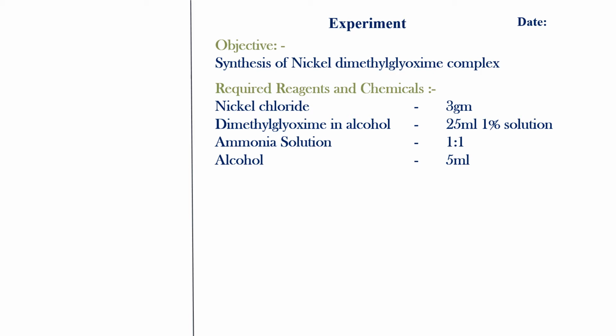First thing we require is nickel chloride 3 gram, dimethyl glyoxime dissolved in alcohol 25 ml, and this should be a 1% solution. Ammonia solution 1:1, that means half ammonia liquid dissolved in the same amount of water.